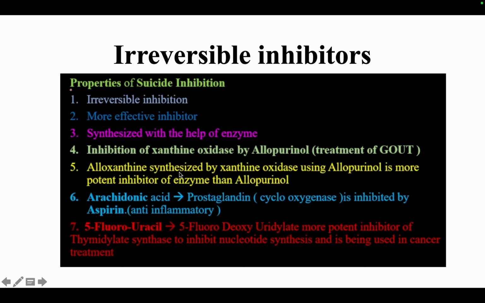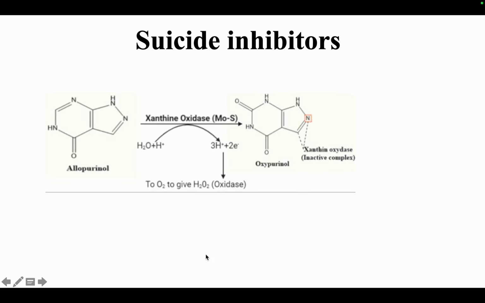Alloxanthine is synthesized by xanthine oxidase using allopurinol, and is a more potent inhibitor of the enzyme than allopurinol. There are different examples like 5-fluorouracil, an anti-cancer drug, and aspirin, which is an anti-inflammatory. All these inhibitors are suicide inhibitors: allopurinol, aspirin, and 5-fluorouracil.